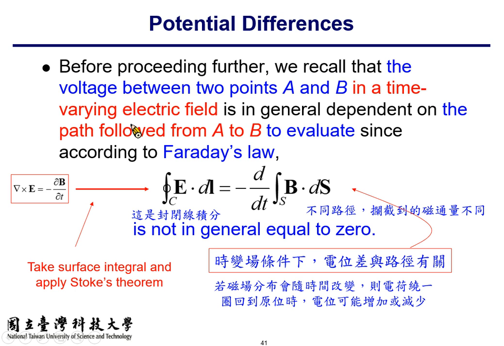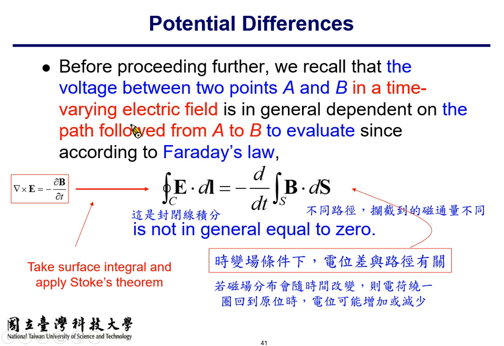So if curl of E equals 0, then the Maxwell equation in integral form should be equal to 0 as well. So the closed loop integral of E should be equal to 0 under the condition of a steady field.